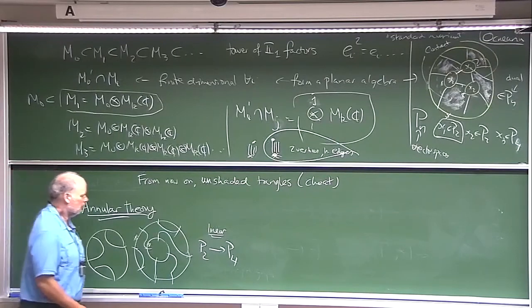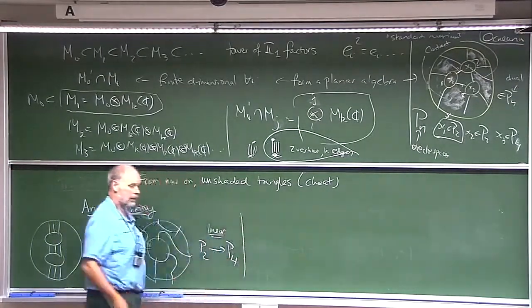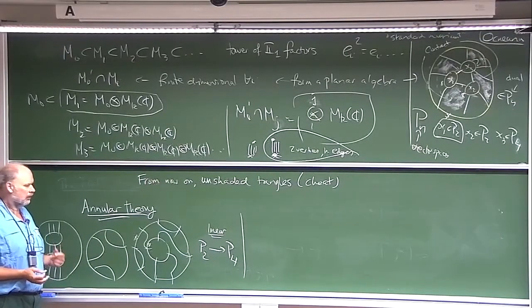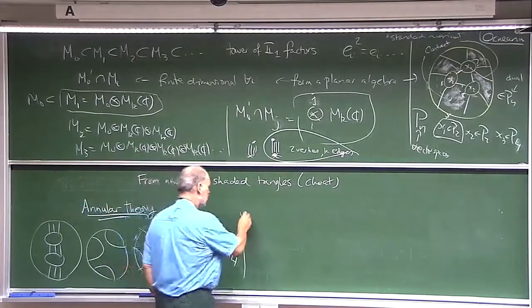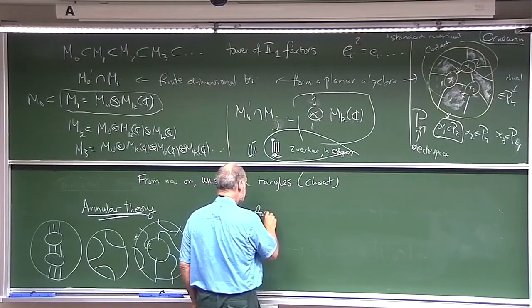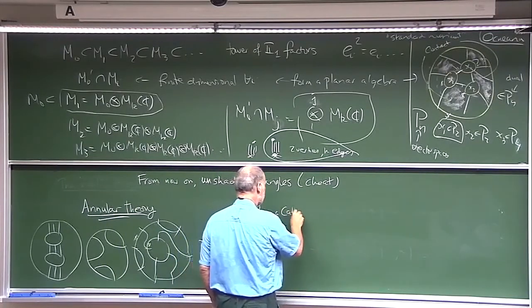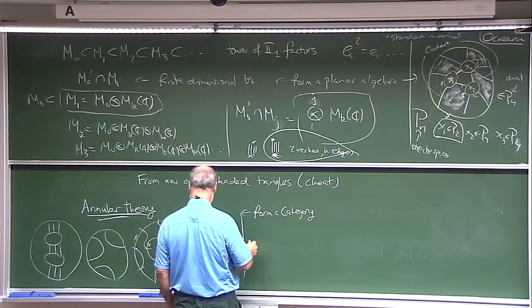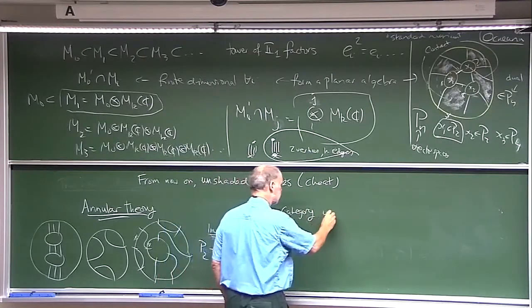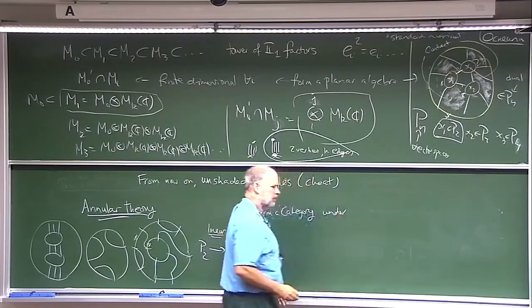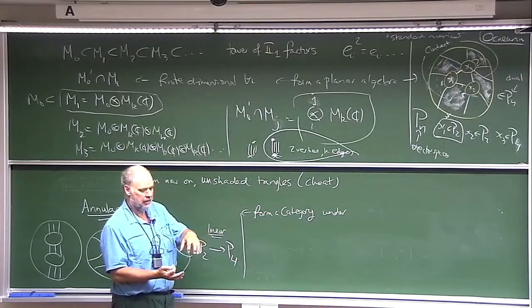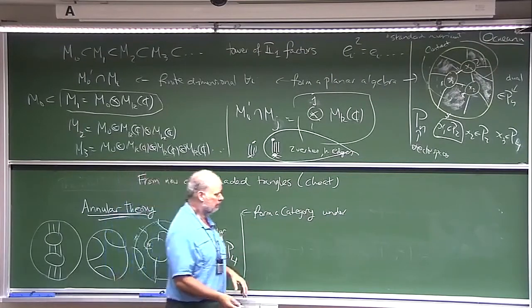All right, so now the nice thing about these annular tangles is that they immediately form a category, a very simple category. Well, it's morally the same as that concatenation we did with braids, except that now they're two annuli.